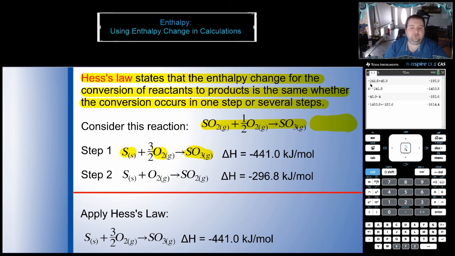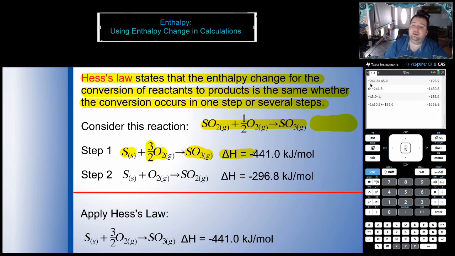We had one sulfur on the right, we just need one sulfur on the left. We had 3 oxygens on the right, so we need 3 oxygens on the left. How do you make this into 3? Well, 1.5, which is 3 over 2, times 2 is 3. So you just balance it to make it have 3 oxygens here. And there is our standard states, and this is our enthalpy of formation equation.